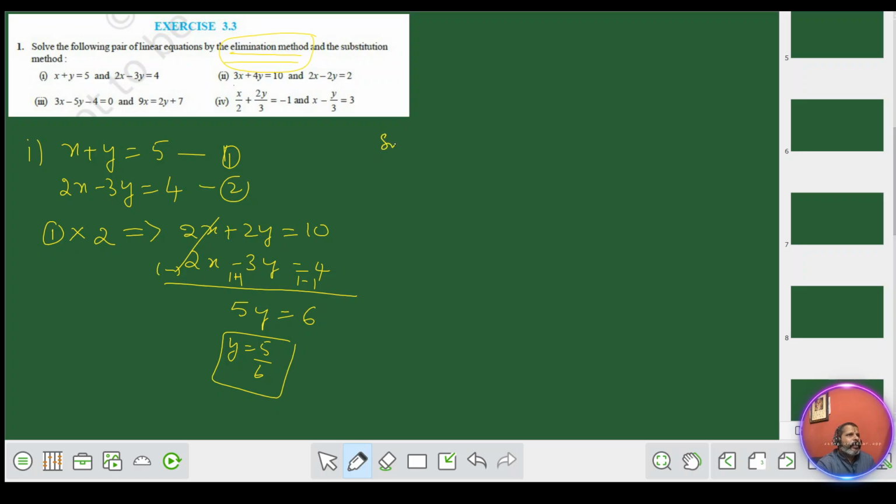So we write, substituting this in 1, we get x plus y, y means 6 by 5. Sorry, not 5 by 6, it is 6 by 5. I wrote it wrong. I just transpose the number to the right hand side.